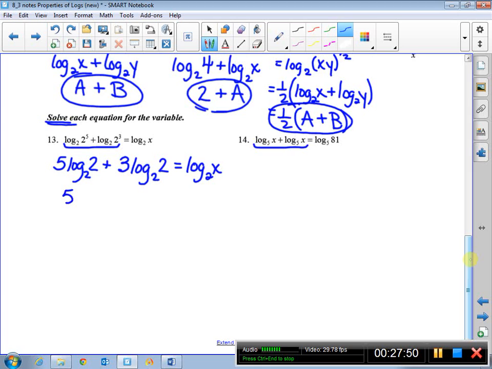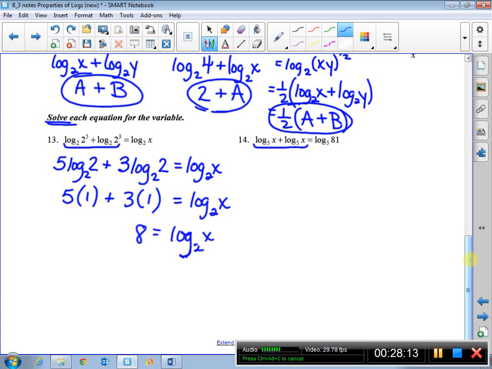So I see now that 5 times log base 2 of 2 is 5 times 1. And I've got that twice. And over here, it just equals log base 2 of x. So over here, I have 5 plus 3, that's 8. 8 equals log base 2 of x.